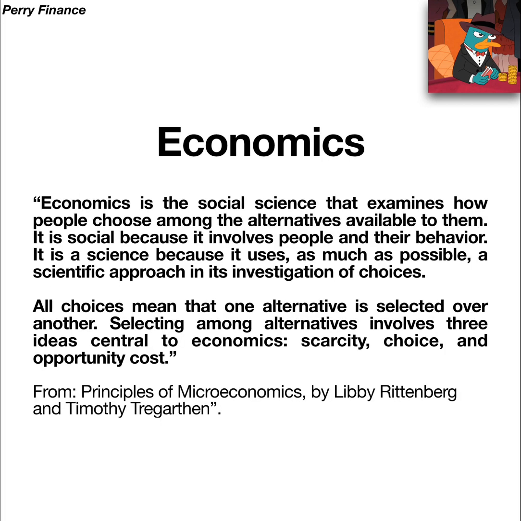Economics is a social science that examines how people choose among the alternatives available to them. It is social because it involves people and their behavior, and it is a science because it uses, as much as possible, a scientific approach in its investigation of choices. All choices mean that one alternative is selected over another.